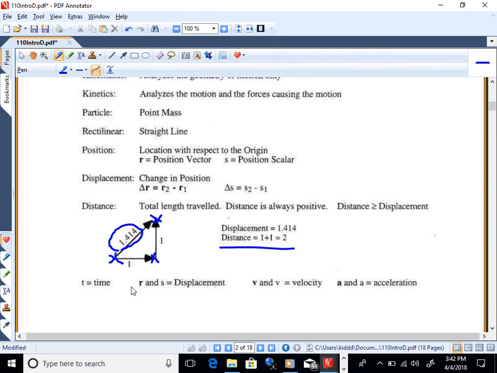Okay, T is time, R and S are displacement, V is velocity, and A is acceleration. If you're typing, you specify a vector with boldface and a scalar without boldface. If you're drawing by hand, you put an arrow over it to designate a vector.